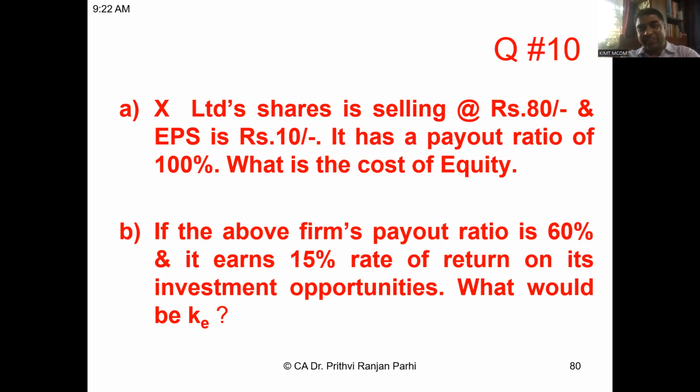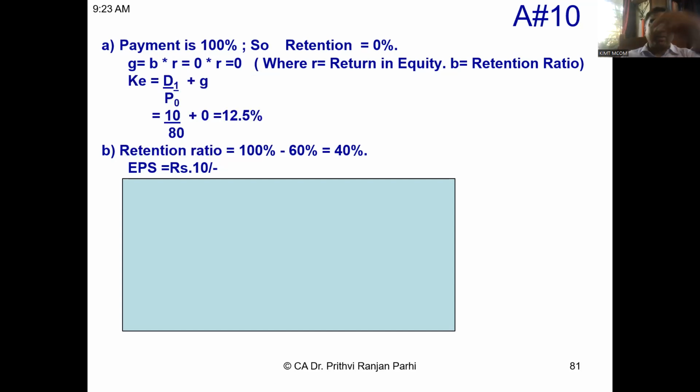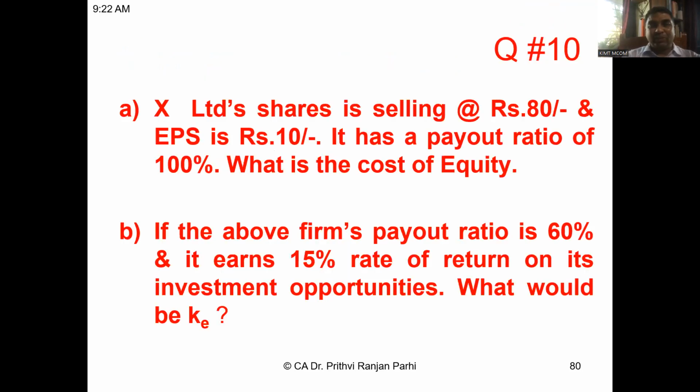Let us solve the first question. See, payout is 100%, so retention is 0. You know growth, there is one more formula, G is equal to B into R. When R is 0, growth is 0. Now if you apply the formula, cost of equity is equal to D1 by P0. Look at the question.